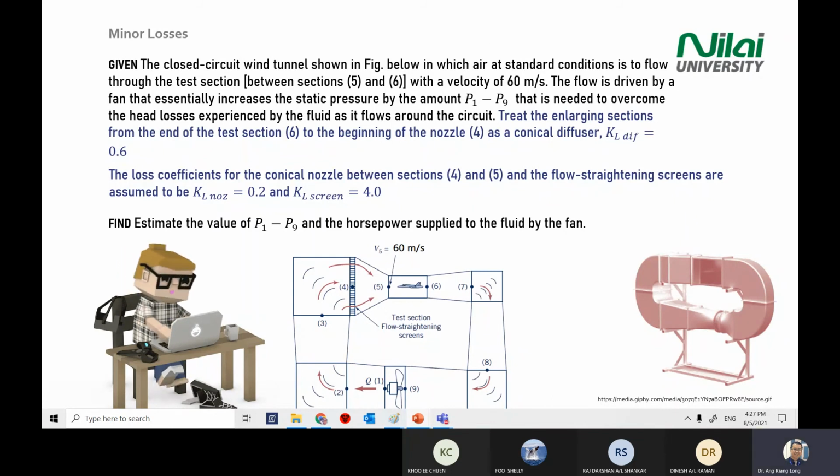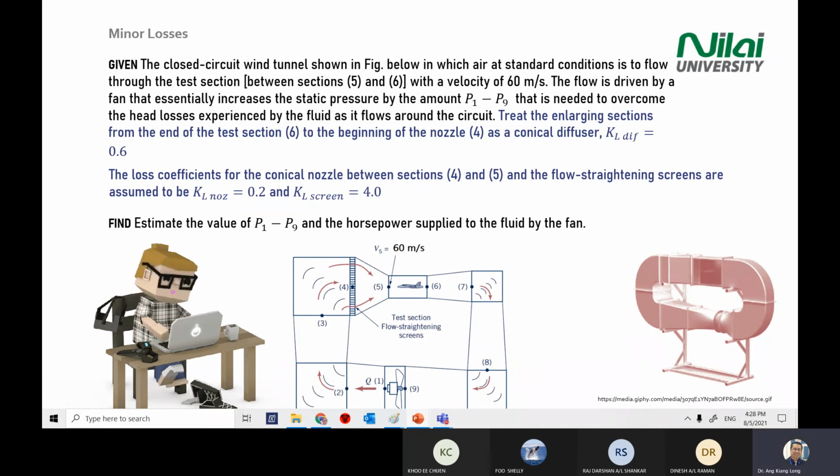I repeat: when you see standard condition, it affects two values, temperature and pressure. Temperature is 15 Celsius, and the pressure is 1 atmospheric pressure or 101 kilopascal.